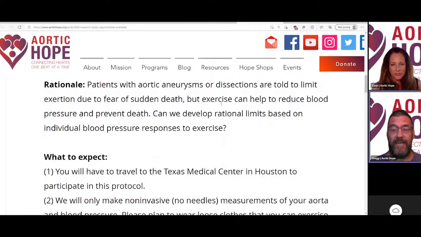And basically they're trying to, I'm not going to read this whole thing, but basically the idea of it is to try to develop rational limits based on individual people's responses to exercise about what is an appropriate level of exercise. Because so many of us are told different things.